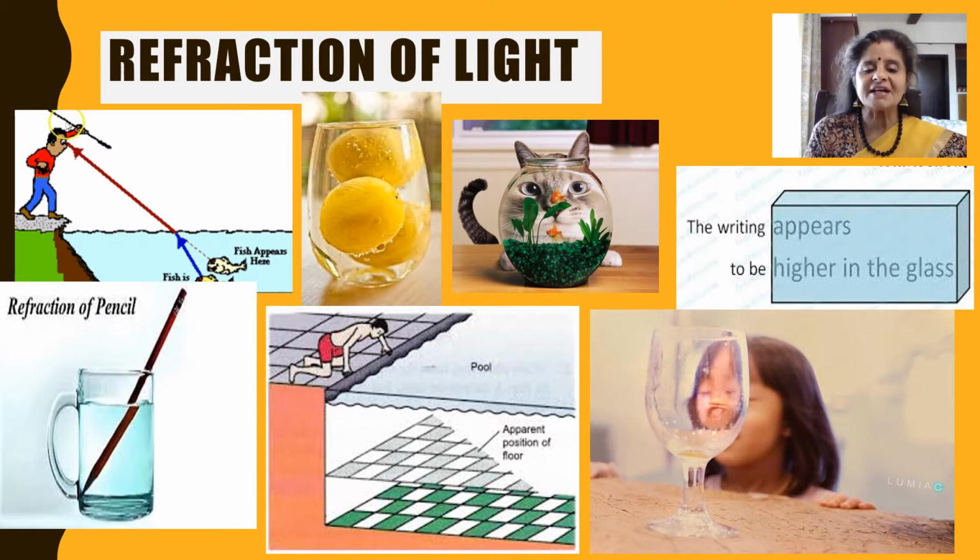Now, from all these examples or observations, we understand that the light does not appear to travel in the same direction when the light travels obliquely from one medium to another medium.